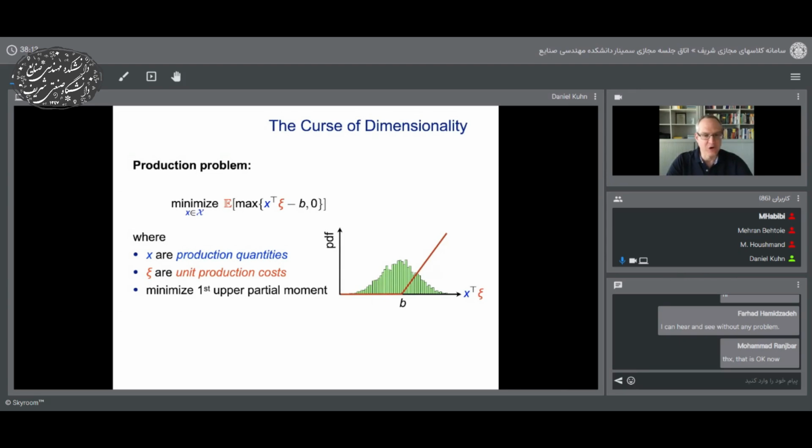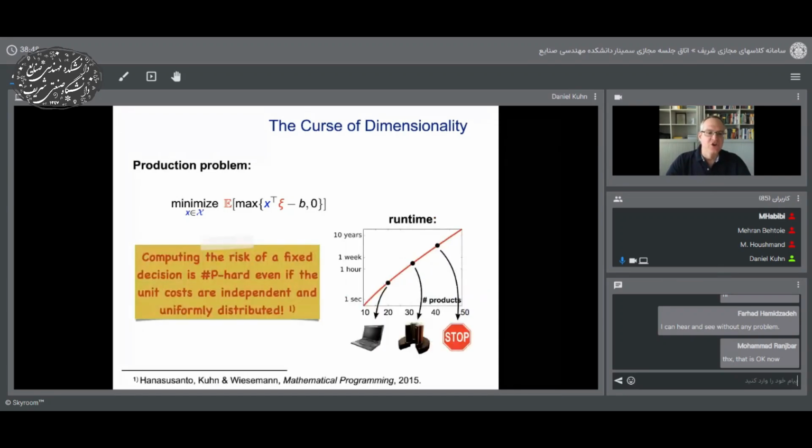The first upper partial moment just evaluates the expected value of the cost X transpose Xi above a certain threshold B. Now, it turns out that even in the simplest setting, when the unit production costs, so the different components of the vector Xi, are mutually independent and uniformly distributed on the interval between 0 and 1, so it's really the simplest possible stochastic model you could assume for the random vector Xi, it is already sharp-hard to evaluate the objective function or to evaluate the risk of a particular production plan.